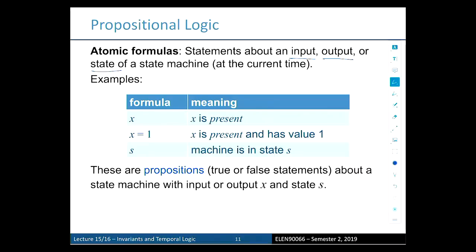So it's a statement about a particular input, output, or state at a given time.